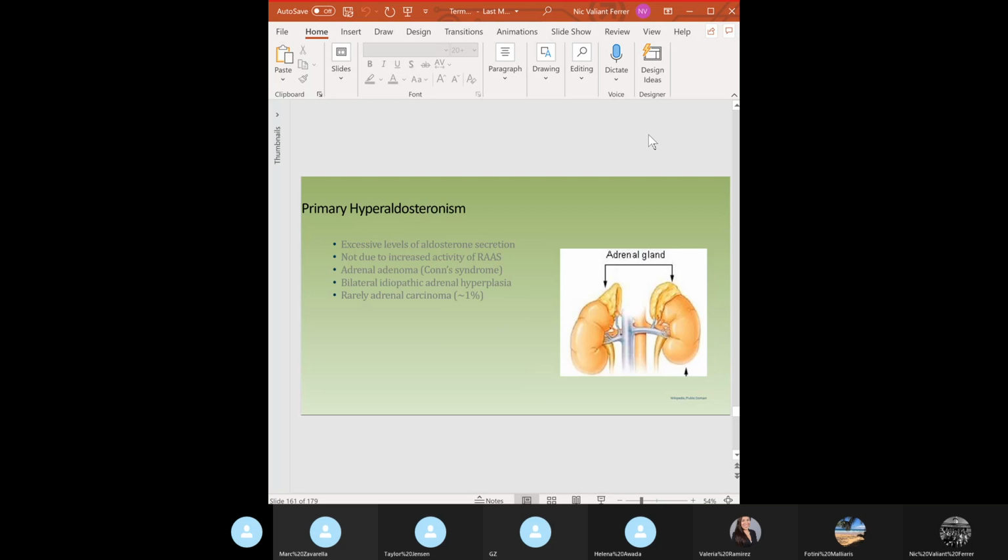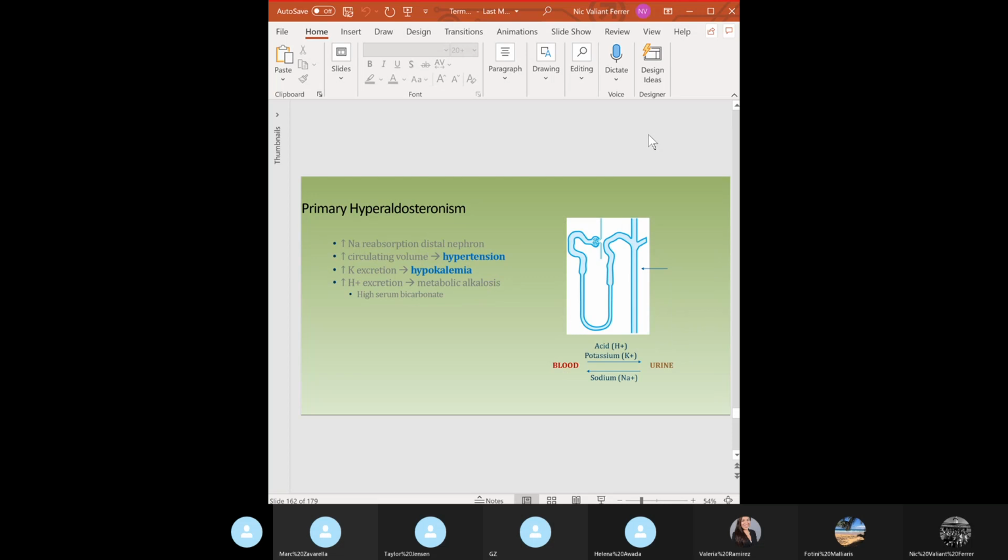All right. Now let's talk about hyperaldosteronism. So there are different kinds. Primary hyperaldosteronism, increased aldosterone, not due to RAS. It is due to an adrenal adenoma, most common etiology, Conn's syndrome, rarely adrenal carcinoma. So what happens?